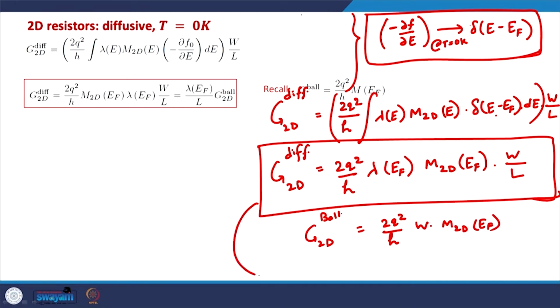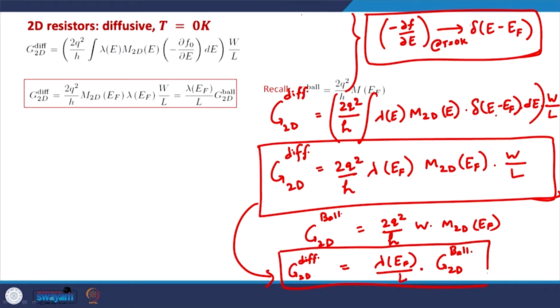So this diffusive conductance for a 2D conductor can be written in terms of ballistic conductance as lambda EF by L times G 2D ballistic.